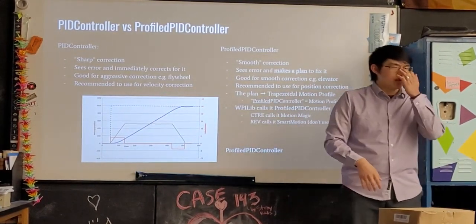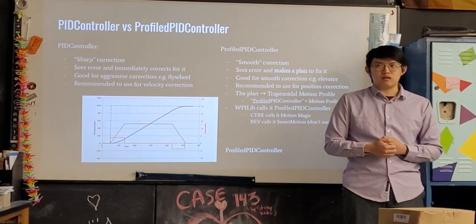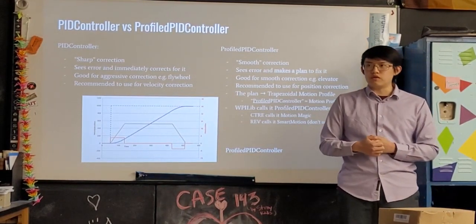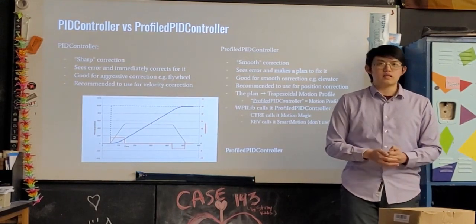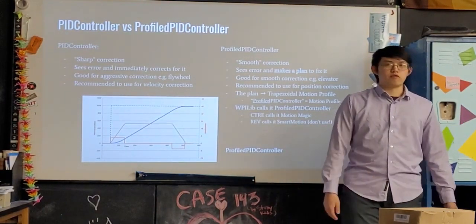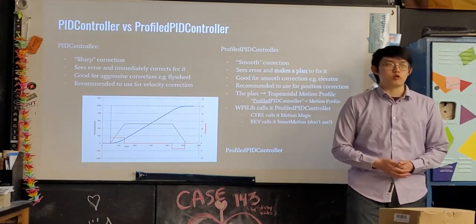So, say your motor is spinning at 5 meters per second, and then suddenly, for whatever reason, maybe some resistance comes in, suddenly it drops to 2 meters per second.